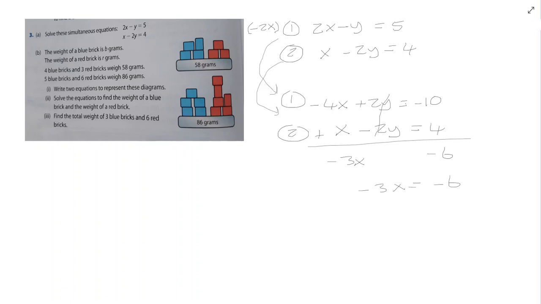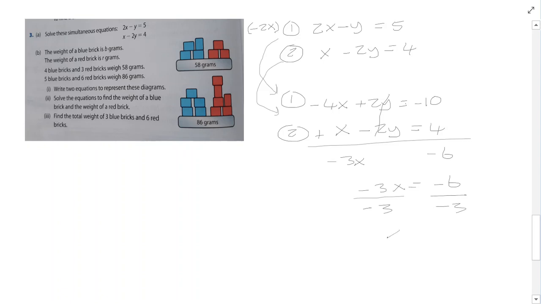Now, this is minus 3 multiplied by x. So you look at the operation and you do the opposite of what the operation is. The operation is multiplication, and the opposite of multiplication is division. So I have to divide this term by minus 3 in order to change the minus 3 to a 1, and I divide the other side by minus 3 as well.